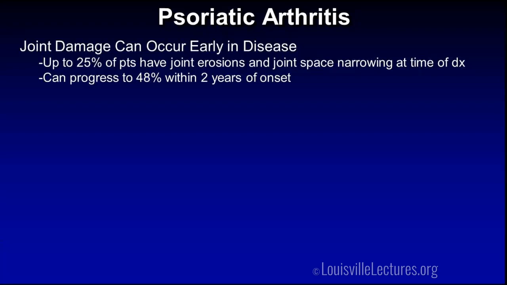In up to 25% of patients, there are joint erosions as well as some degree of joint space narrowing at the time of diagnosis, and that percentage can increase to almost 50% after 2 years of onset if this isn't treated properly.